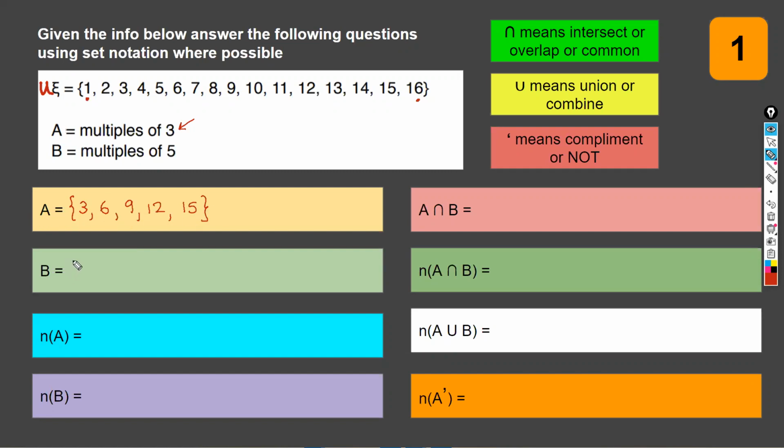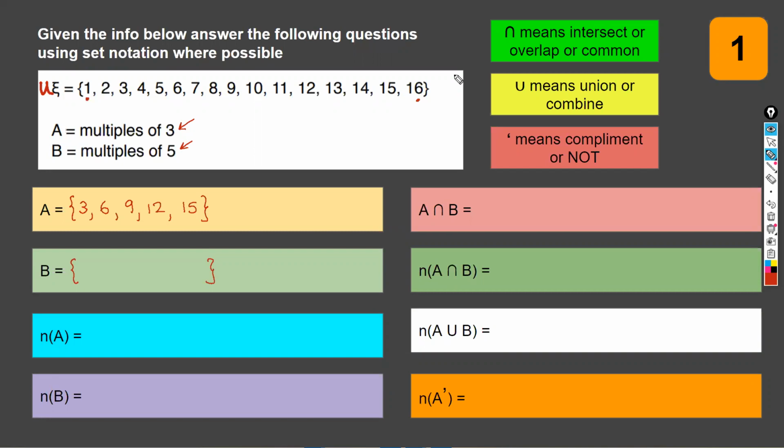Do you all think, for those who didn't get the first one correct, do you think you can do the second one now? Write down what needs to go in B, right? They want the multiples of 5 because B represents the multiples of 5 between 1 to 16, including 1 and 16.